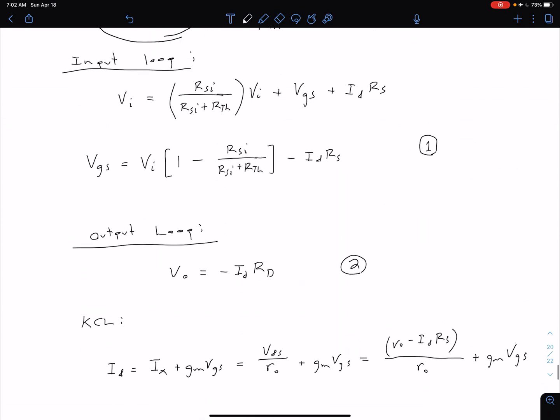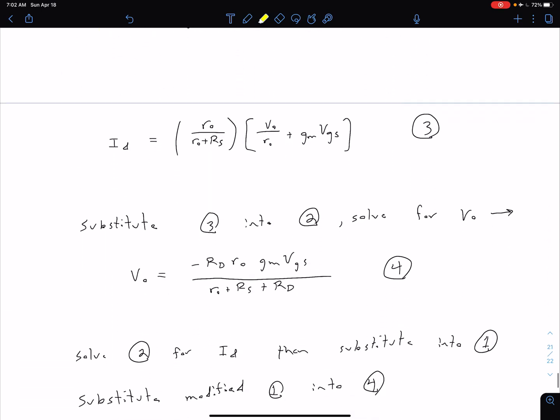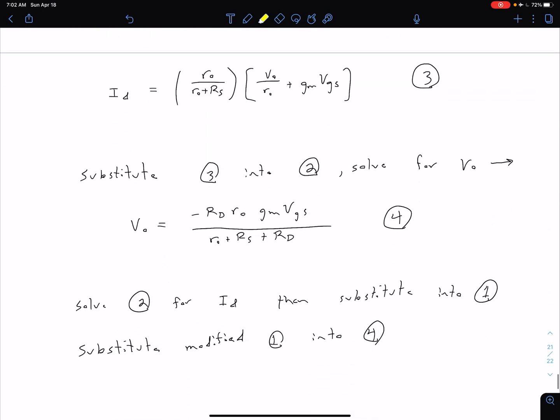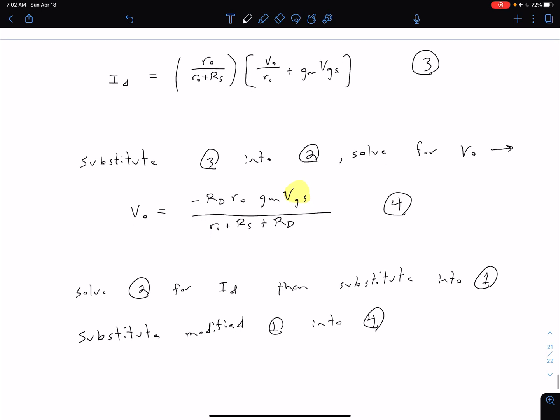So ultimately then we're going to have some equation for VGS, which we've modified by taking this ID and putting it here. And we're going to take that VGS value and plug it in for this VGS here. And what we're going to see is ultimately that's going to have all of those undesirable variables cancel out.